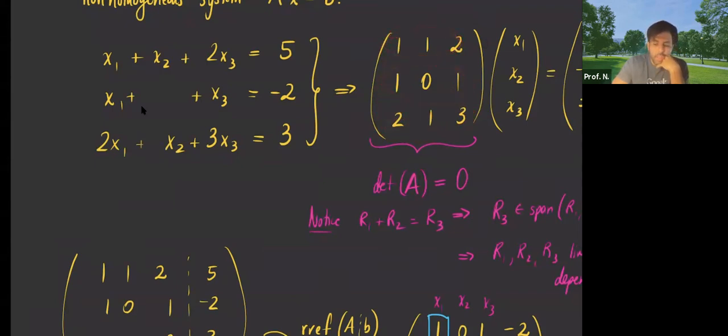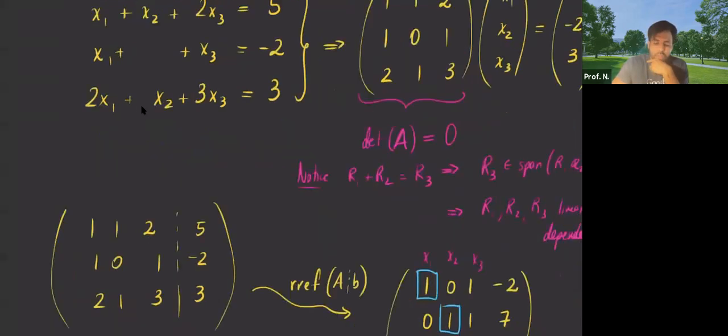Do you understand? So the row space is a linear combination of the three rows, but one of them is in the span of the other two. So get rid of this one, and you still will have a linearly independent set that spans the whole row space. There's only two of them. So since there's only two rows that are linearly independent that span all of the row space of A, the dimension is 2.